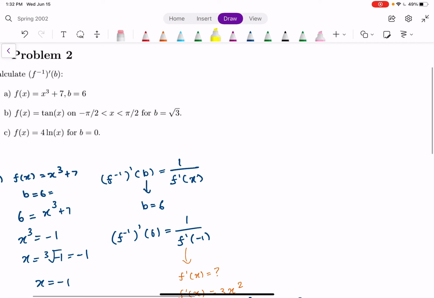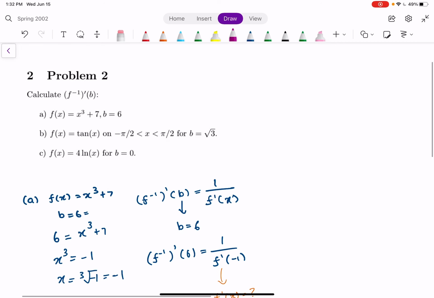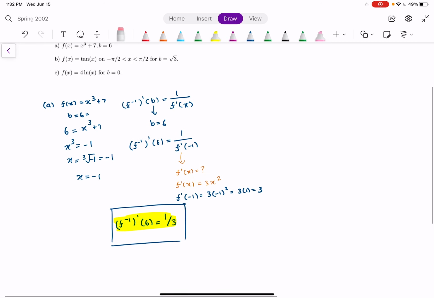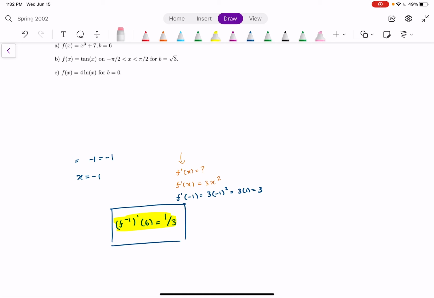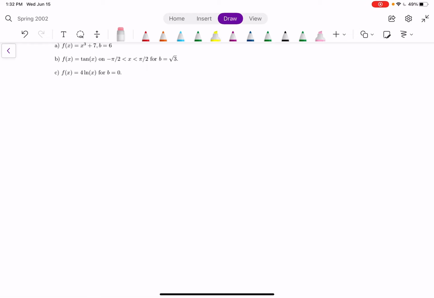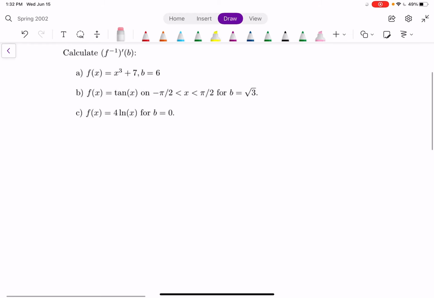Okay, moving on. We're going to go on to B. Let's use a different color. I'm going to erase all of this, so I'm going to leave it up so you can screenshot or pause really quick. All right, now I'm erasing. All right, you guys can copy down B for a second.